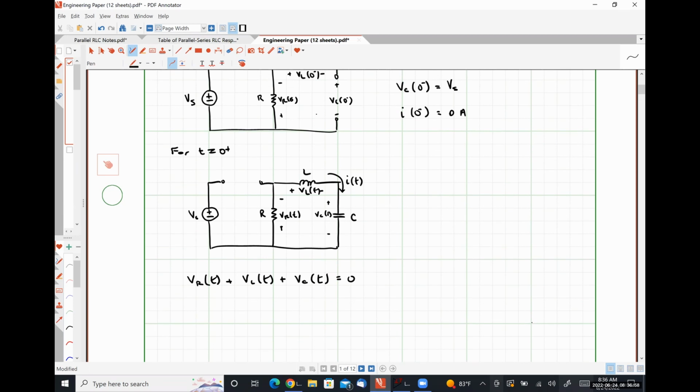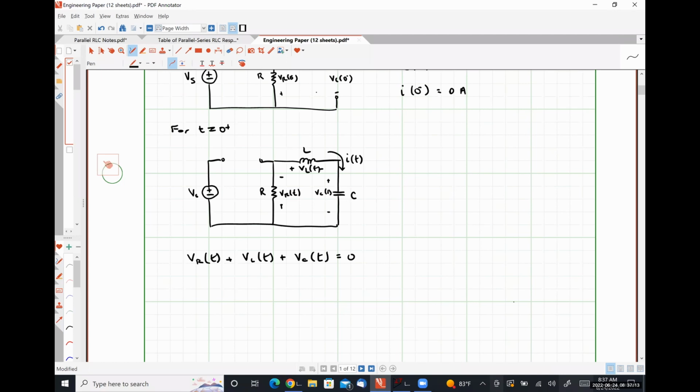And we can express all three of these voltages in terms of that common current I of t that's circulating clockwise around this series loop. Okay, so our resistor voltage VR of t using Ohm's law is simply going to be R times I of t. Actually, let me move this down.